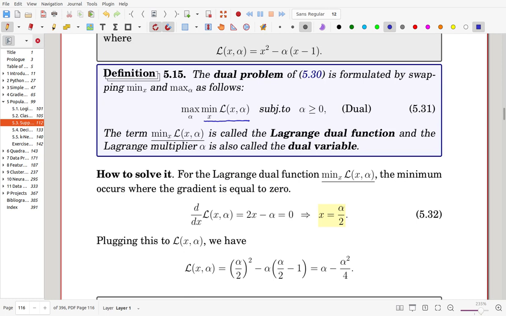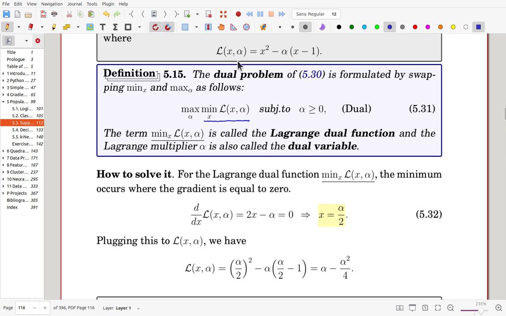And let's see how to solve it. Now, we start with the minimum over x for the Lagrangian. Here we use the calculus technique and differentiate it and equate to 0. For that Lagrangian, if we differentiate with respect to x, that is 2x minus alpha equals 0, which means x is alpha over 2.